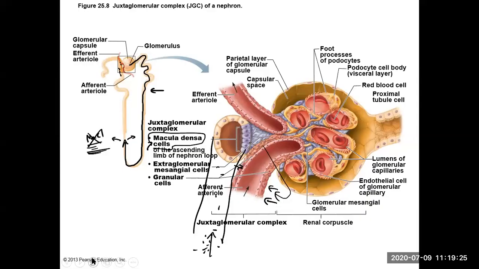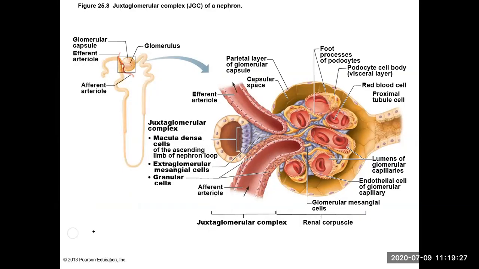Right. So notice that afferent arteriole, as you come across to the glomerulus, these are the granular cells. And because they're right next to the glomerular complex, these are called the JG cells.